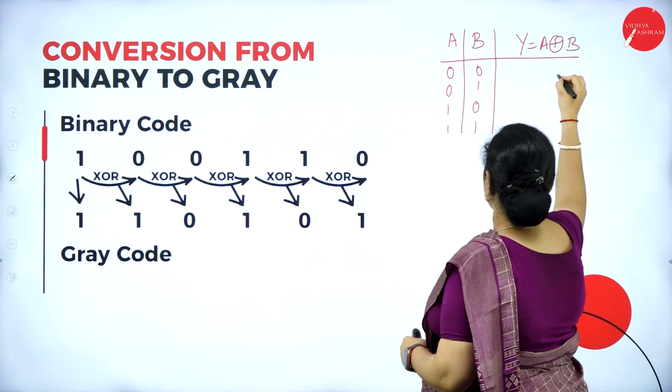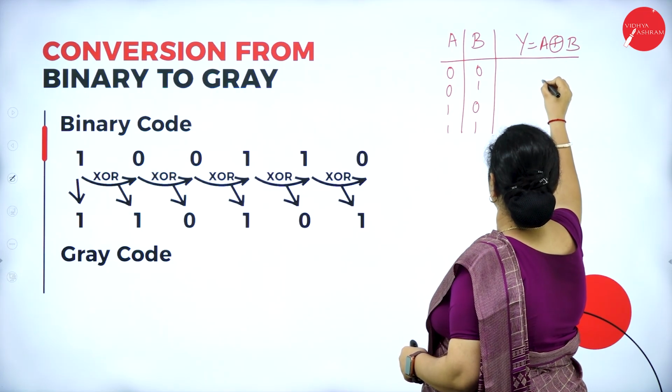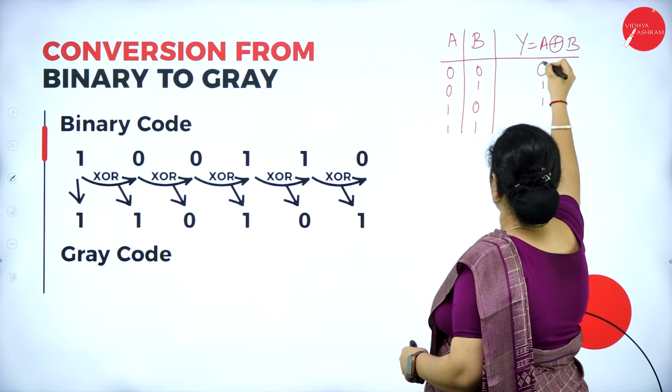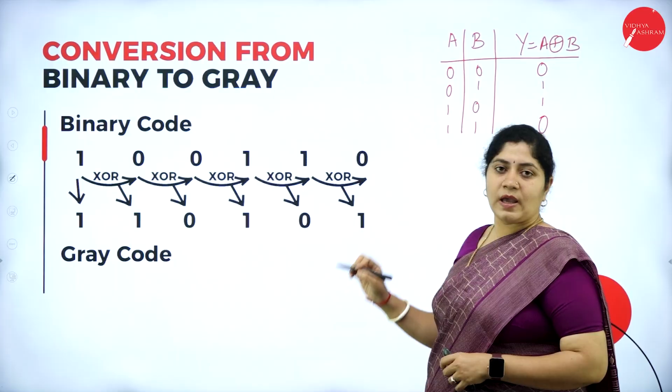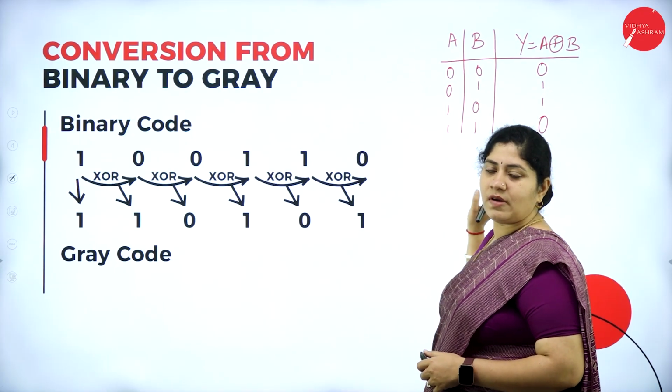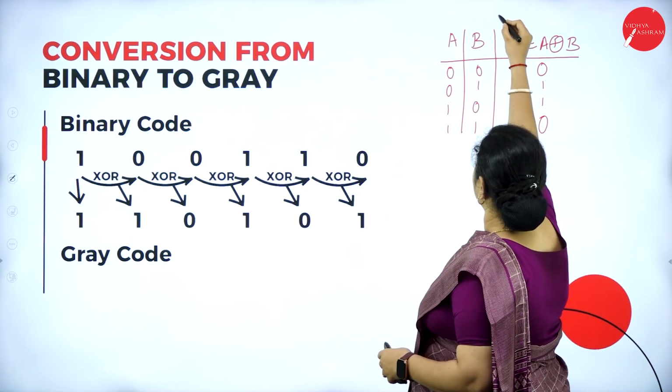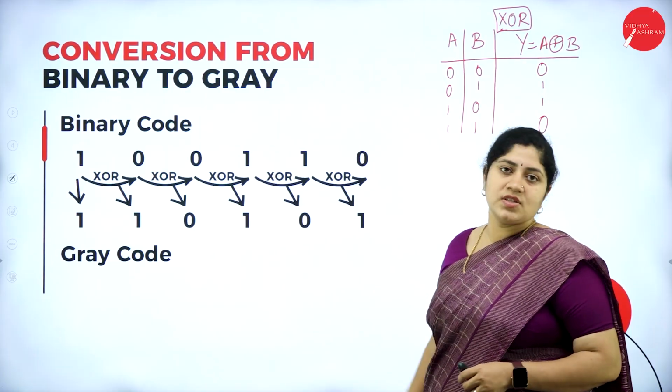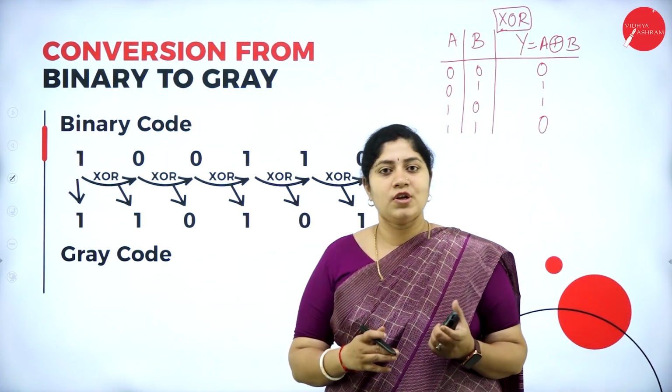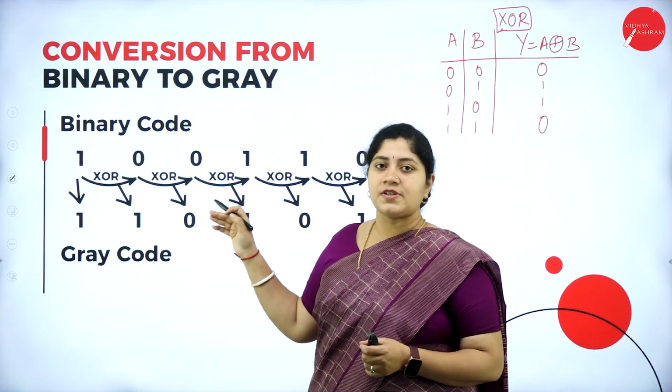For this, we'll be getting a high value only when my inputs are different. If my inputs are same, I'll get a value 0. So this is a XOR gate. So this is a truth table for XOR gate and we do follow it in order to represent our gray code.